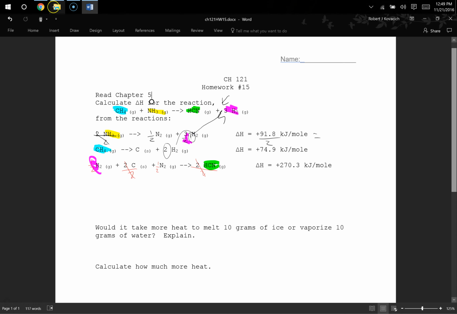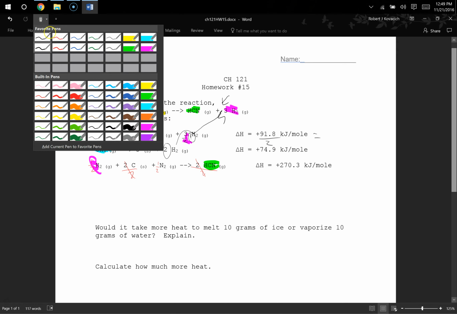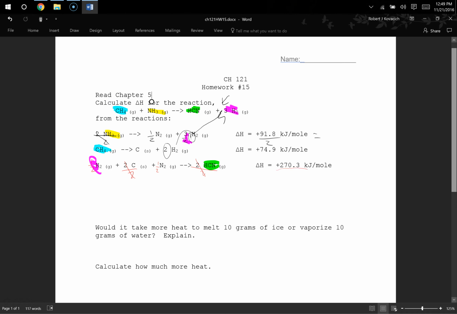Oh, I forgot something. We forgot to divide by 2. Got to divide this guy here by 2 because we divided through by 2. So let's see what the math looks like.